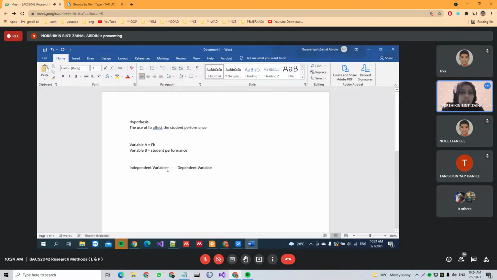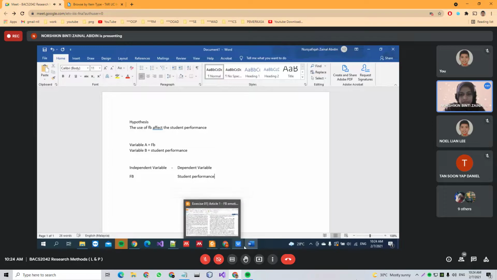So dependent variable or independent variable is FB, then student performance. So independent variable and dependent variable.